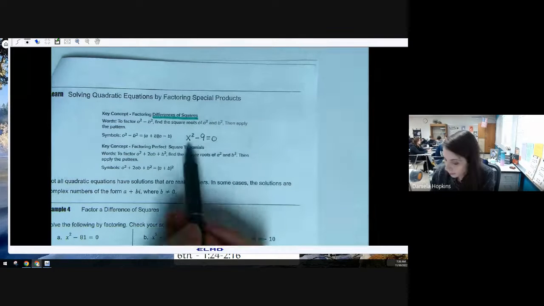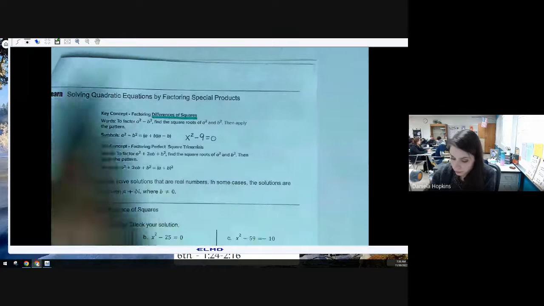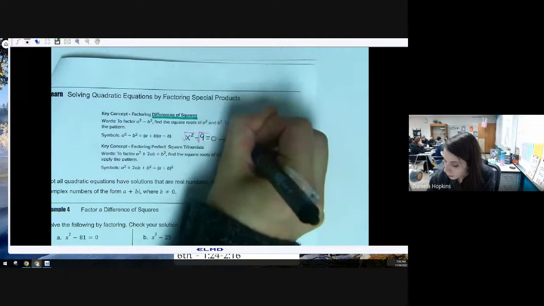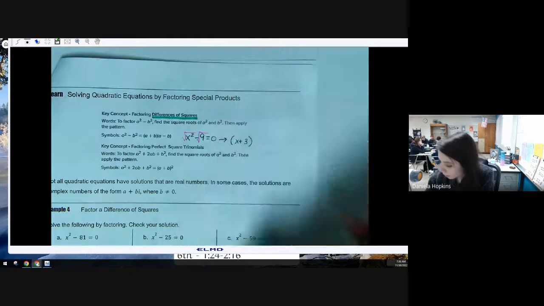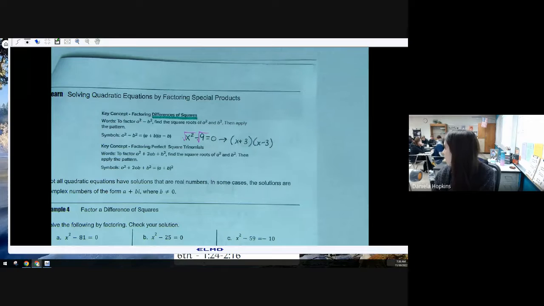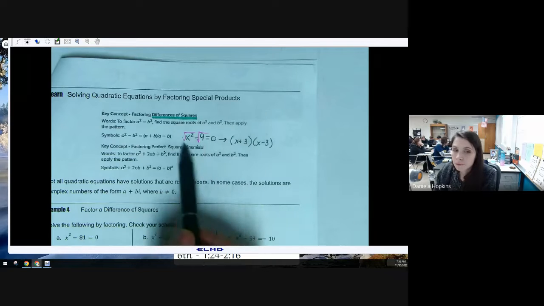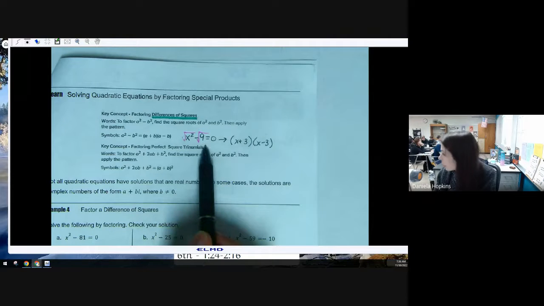The rule is that if you have this squared minus this squared, and you take the square root of both, it will always, always, always factor as x plus 3, the square root of 9, and x minus 3. You'll just have a plus and a minus. The order doesn't matter. But this is called the difference of squares, and if you can spot this, it makes it very easy to factor.